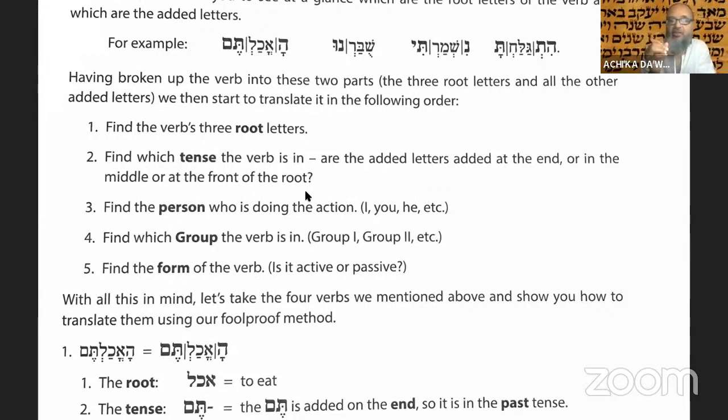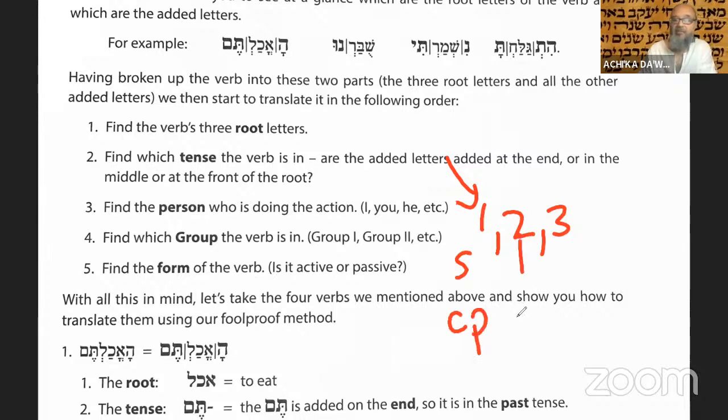Then the next thing you're going to do is find the person who's doing the action. Is it I, first person? Or is it second person, you? Or is it third person, he or she or it? You understand? Is it first person singular or is it common, plural? Is it second person singular or second person plural? Is it third person singular or third person common, plural?